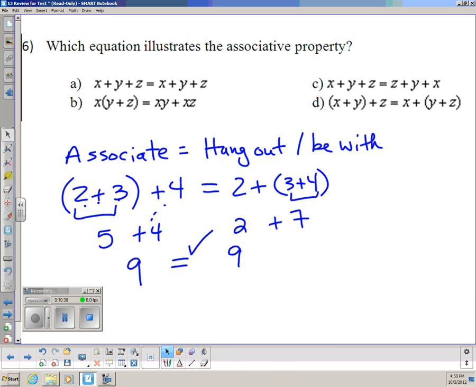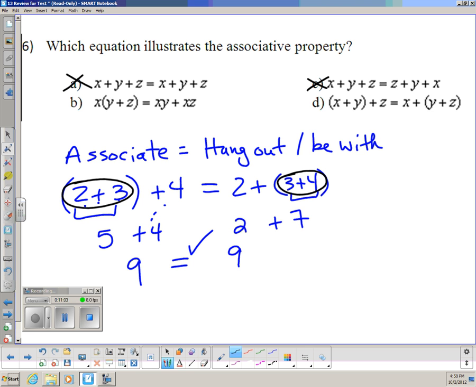What's so critical is that two different people or two different numbers are in the parentheses on both sides. That's what's so critical. So if we look at A, it has no association. There's no one hanging out in parentheses. Choice C also has no parentheses.